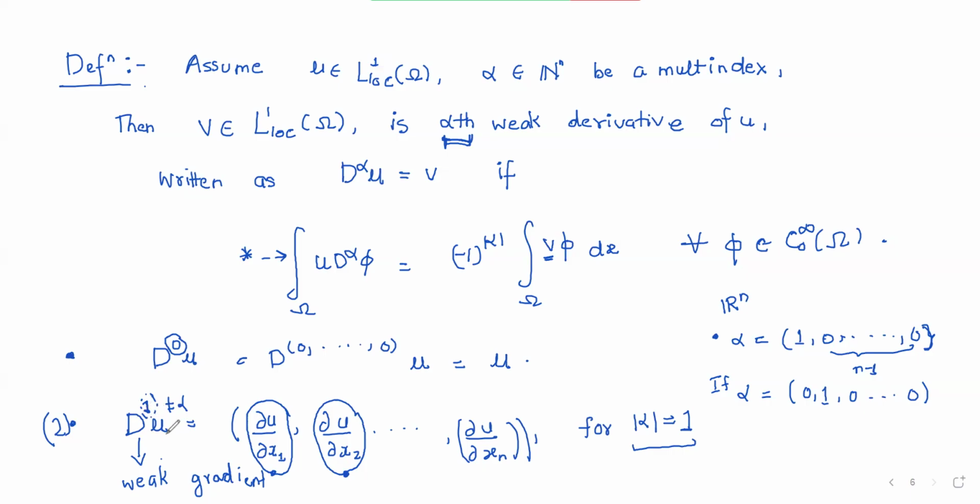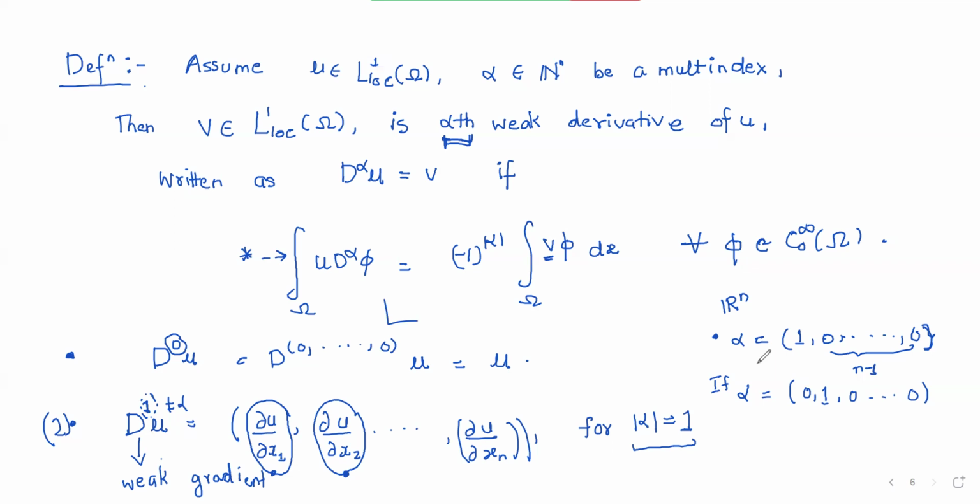So Du I will always use as a weak gradient, which means that I have a vector, because gradient has a notion with vector where each component is a locally integrable function. And here du/dx1 is derived for alpha 1, 0, 0, du/dx2 derived for alpha 0, 1, 0, 0. So I hope this makes sense.